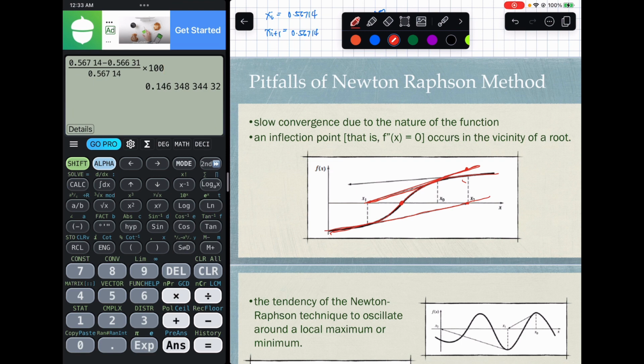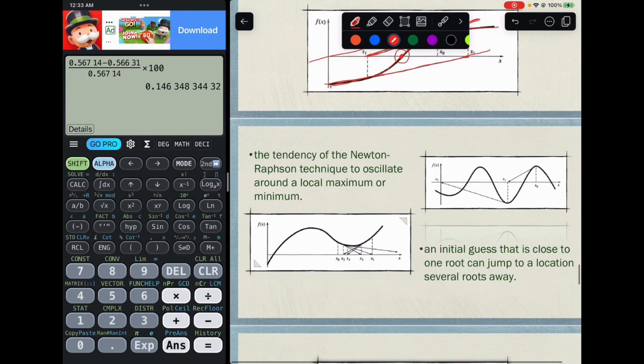And then afterwards we're going to have a new value, and since the point of inflection here is within the x-axis, there's a possibility that we are diverging, meaning we are going far from the root. Instead of converging closely to the root, it goes further and further away. The same is true with this one.